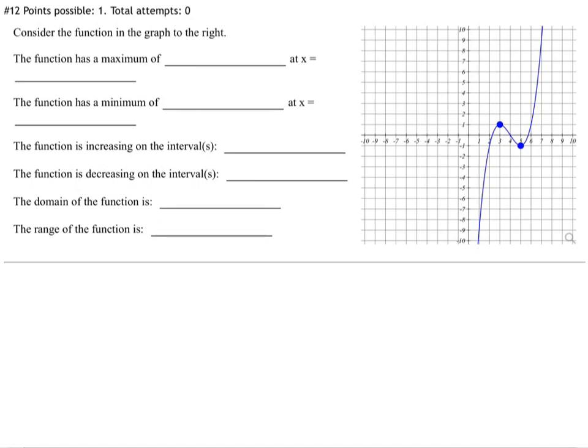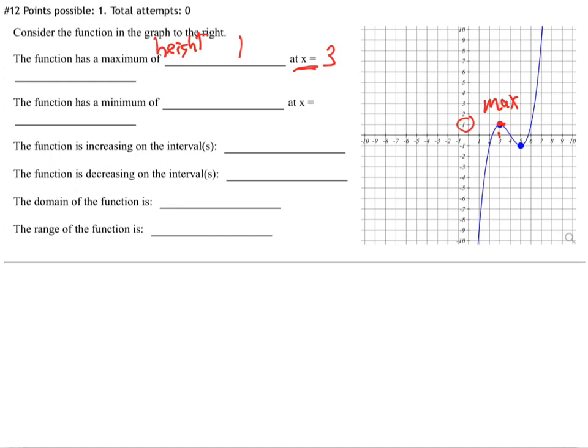So there's a maximum you can see right there. So that's a maximum height. Here they want a height. What's the maximum height there? 1. At x equals, what's the x value there? 3. At x equals 3. Is that good?